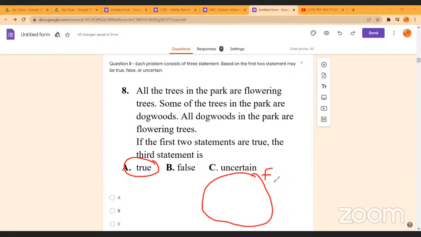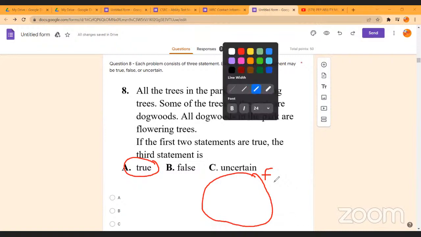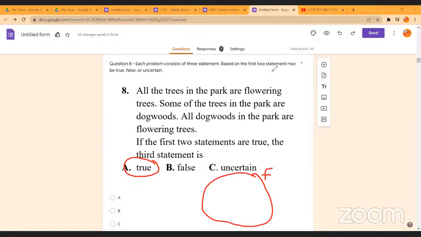Some of the trees in the park are what? Dogwoods. So we know that in this circle, we have dogwoods, right? Yes, miss. Good, because every tree in the park is a flowering tree, and dogwood is in the park. So that means dogwood is a flowering tree, right?